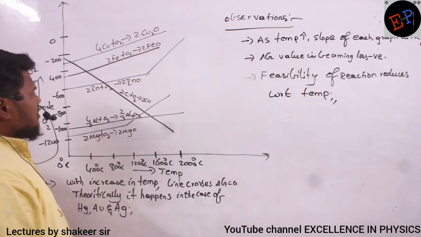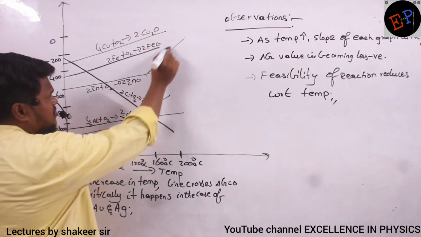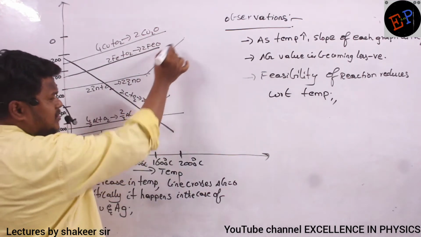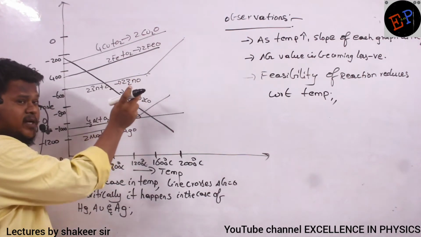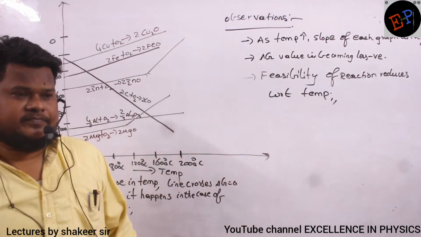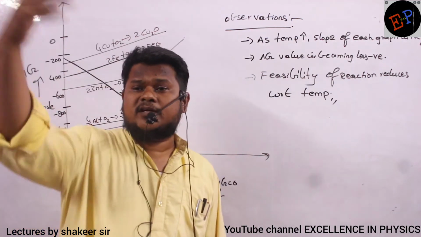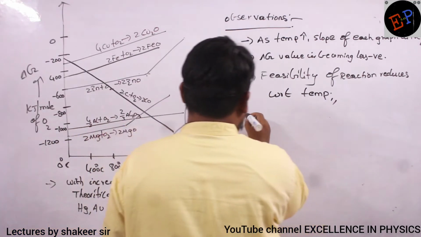And in some of the reactions you can see there is suddenly a change of slope. A sudden change of slope indicates that the state of this particular reaction is changing. It is converting from liquid state to gaseous state. Are you able to understand? So that is one more observation which we see.